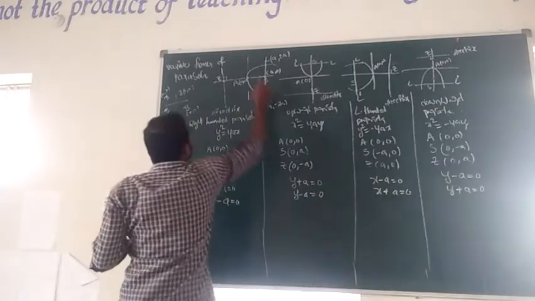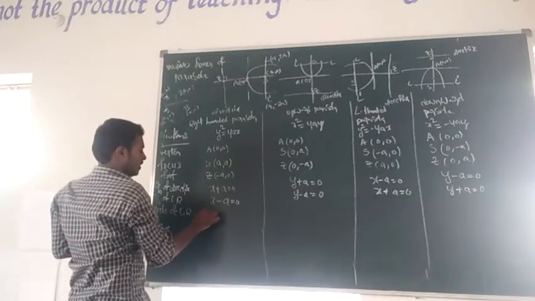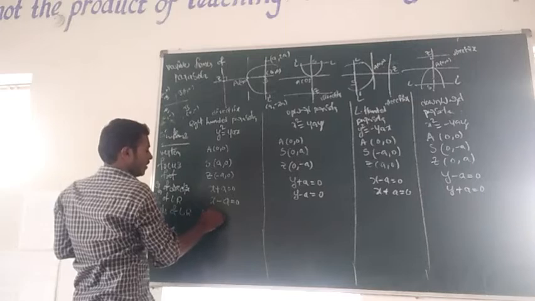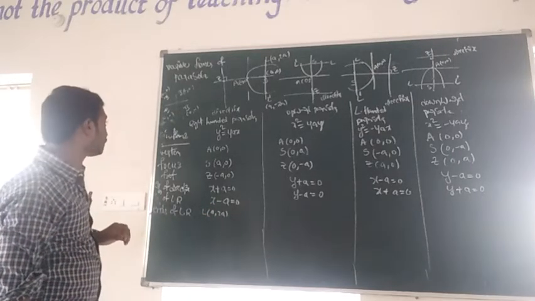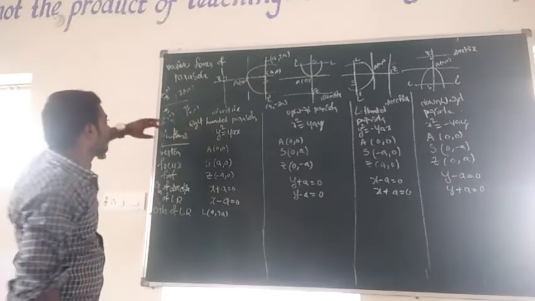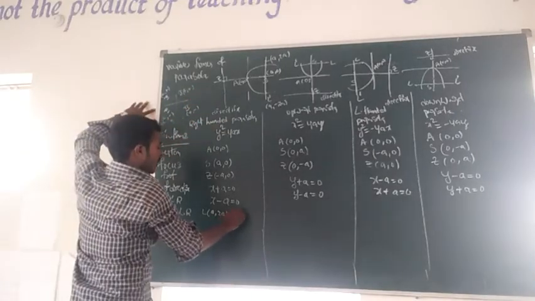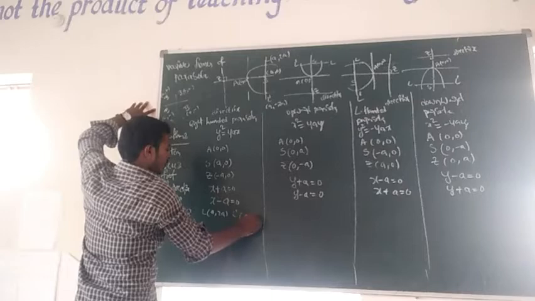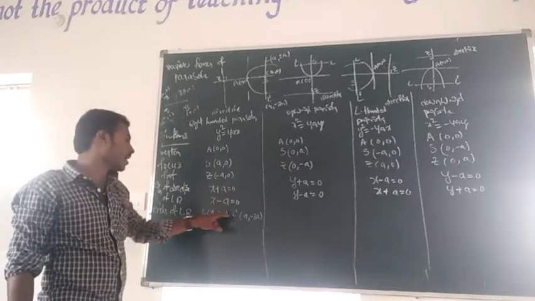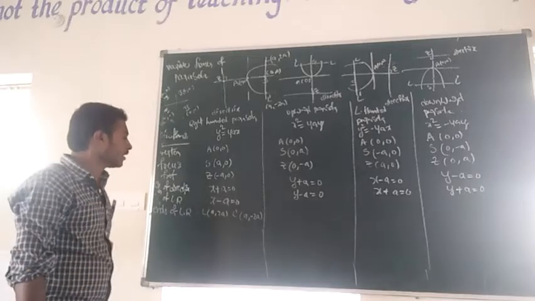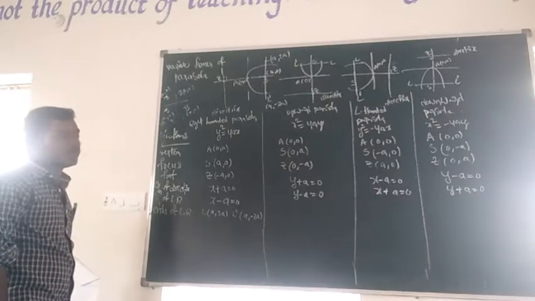So in the first diagram L is a comma 2a, and L dash is a comma minus 2a.